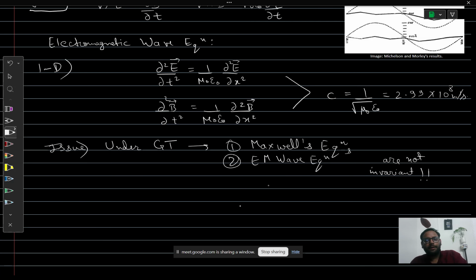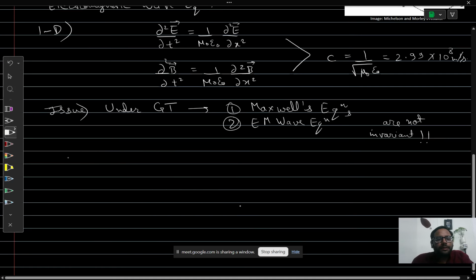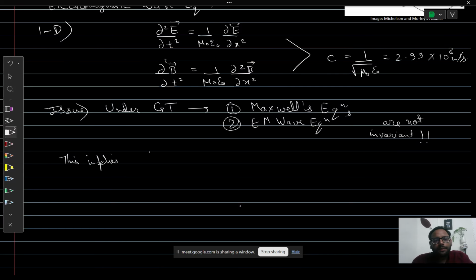What does this imply? This implies that there must exist some special rest frame where these equations will be valid.